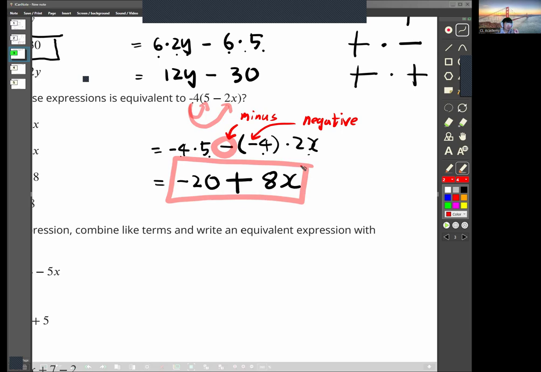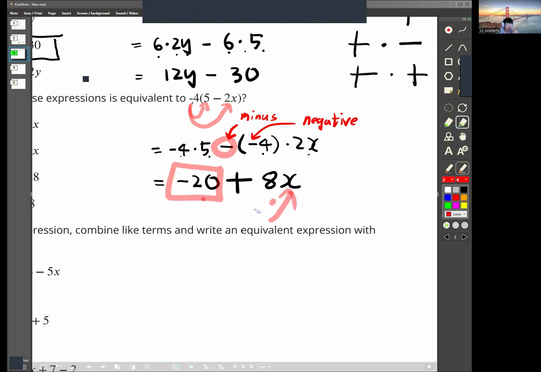Meaning that negative 20 doesn't have an x, so you cannot add or subtract. 8x has x in it, so it's not a constant. A constant is a number. This is not just a number. It has x in it. This one doesn't have an x. So they are not like terms.